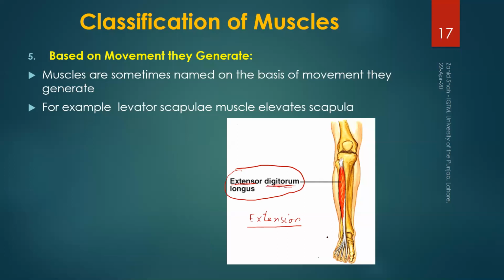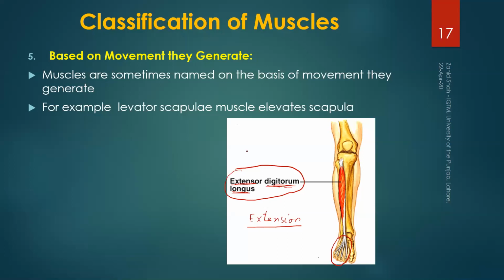This is also important, that it is telling us that this generates extension for the four toes, other than the great toe. And longus means this is the longer of the group of muscles.